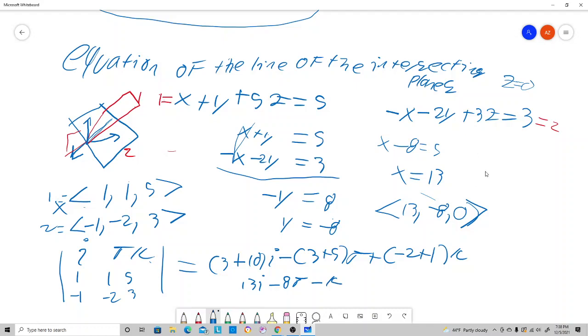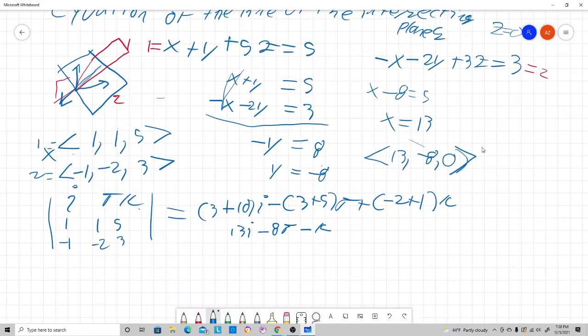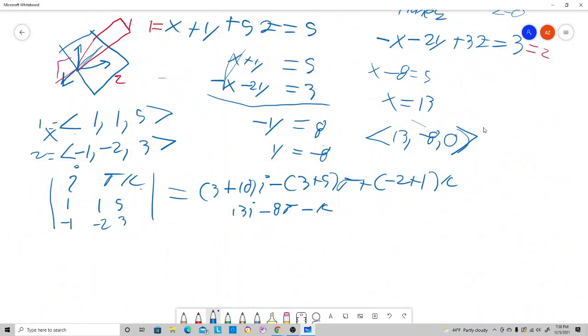Now that we did this, let's make it into this form because I like that form better: 13, -8, and then -1. So this line we can write as a vector.